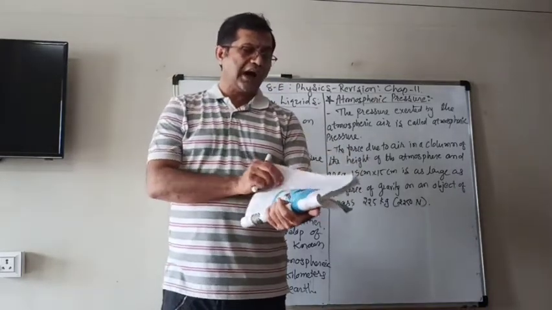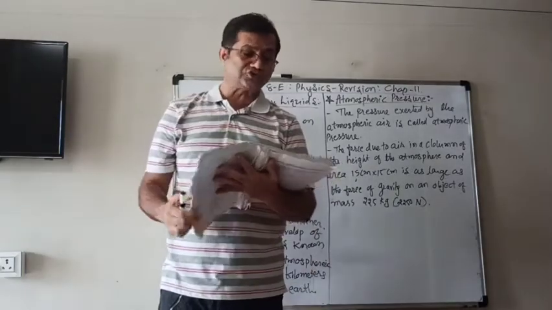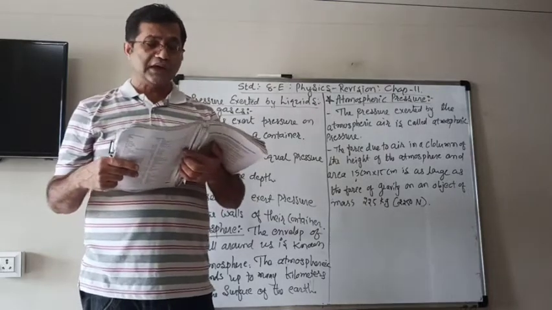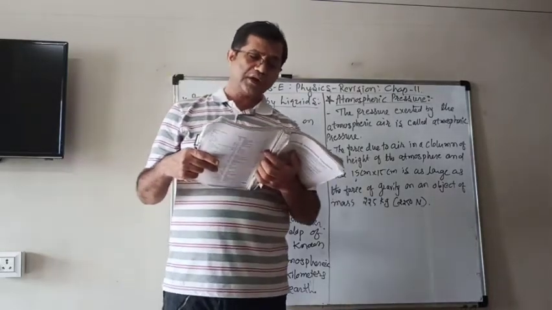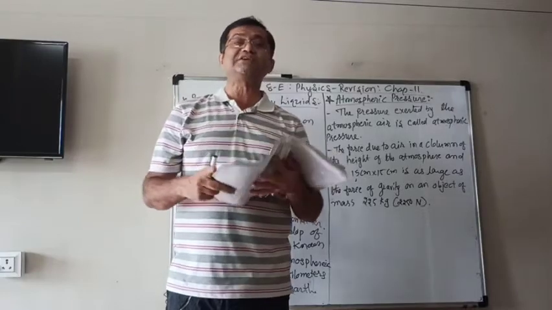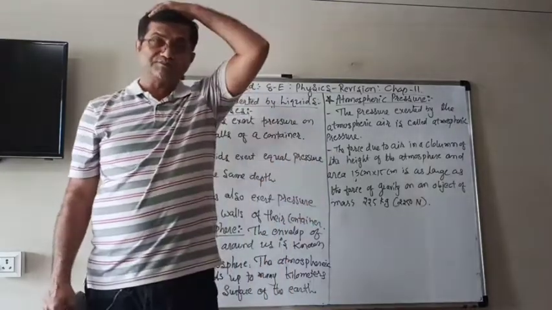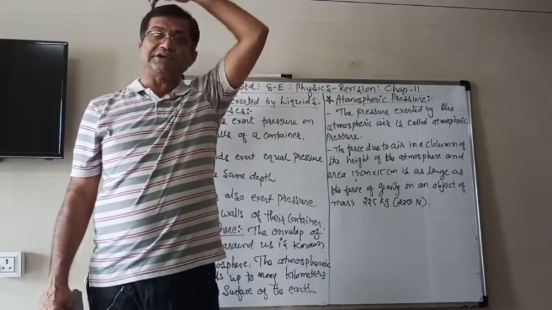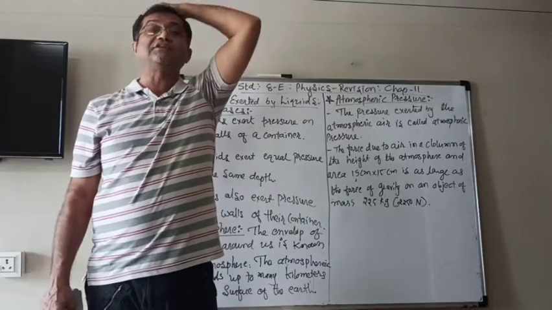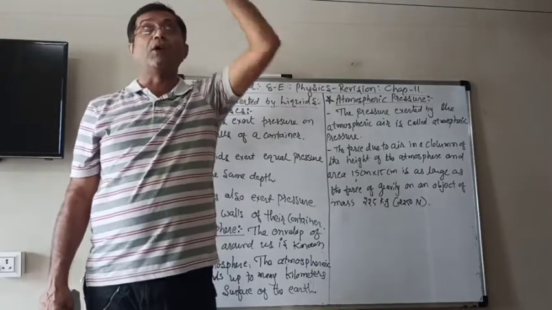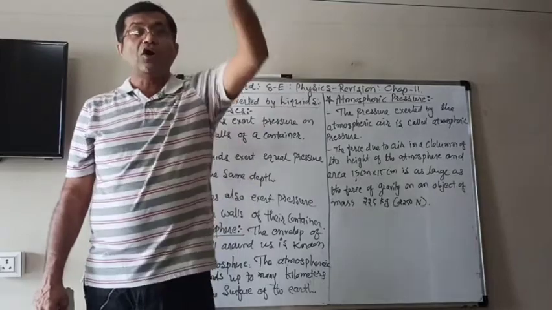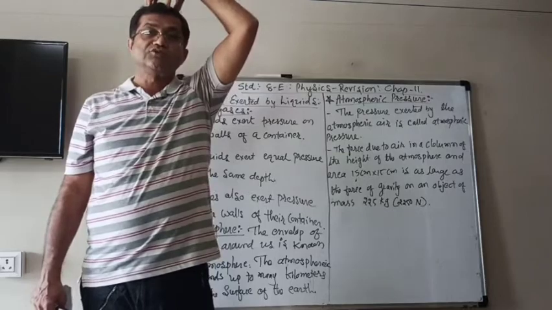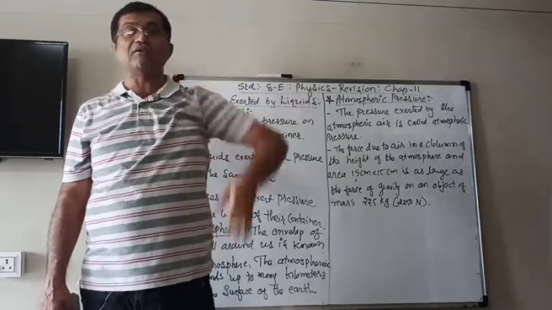Now, how large or how small is atmospheric pressure, that you want to learn. If the area on our head is 15 centimeter by 15 centimeter, we know that almost 15 centimeter into 15 centimeter area is in contact with the air above our head. It means that there is a column of air on that area which is exerting pressure on our head.